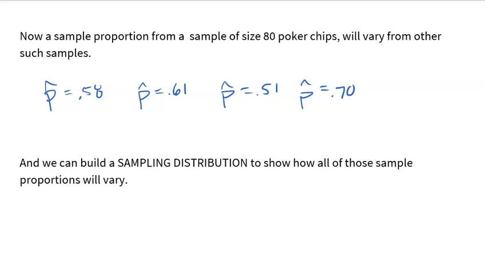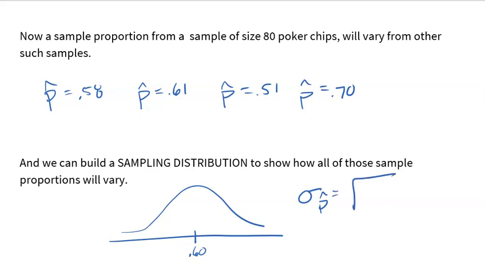So when we build a sampling distribution for proportions, that sampling distribution is showing us how all those samples will vary. Yes, we expect 60% right in the middle because that's what's true. But the sampling distribution shows us all those different sample proportions and that they are going to vary. And we have learned that we can calculate that standard deviation using a pretty basic formula, not too difficult. And we can understand how that varies.